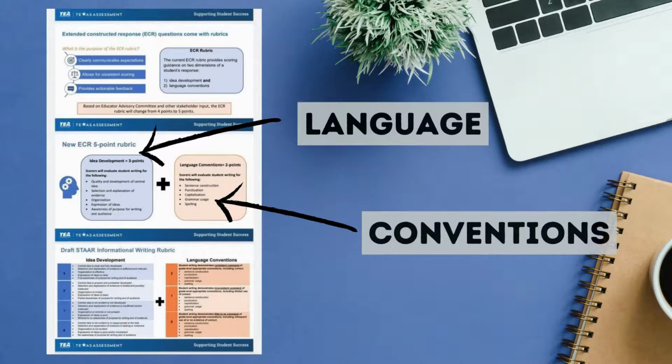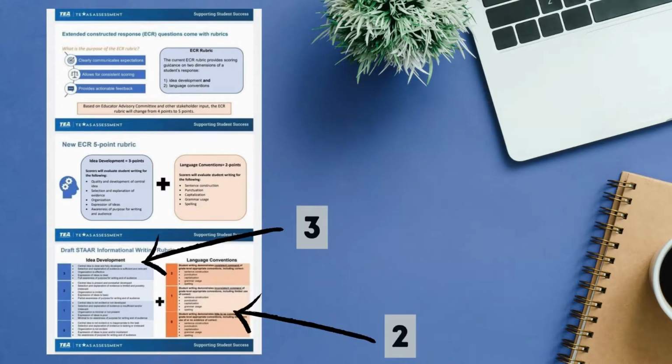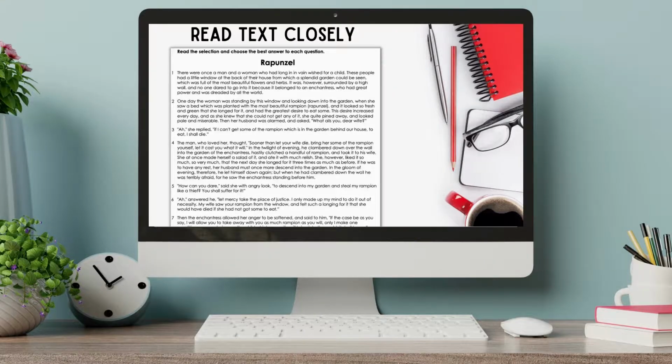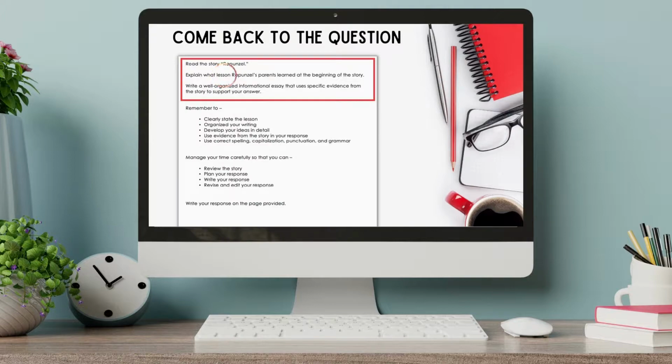This is how they develop their central idea, explain the evidence, organize the information, express their ideas, and have an awareness of purpose and audience. Then they can receive up to 2 points based on their conventions for sentence structure, punctuation, capitalization, grammar, and spelling. I do have a video that goes into a bit more detail about extended constructed response questions.